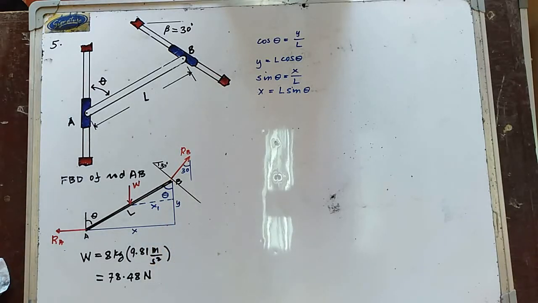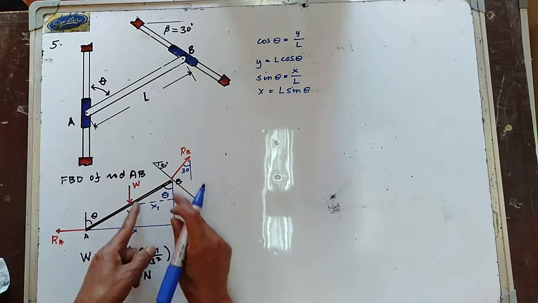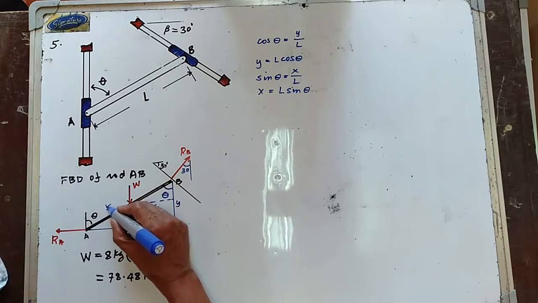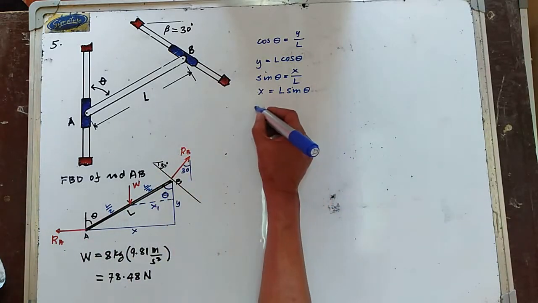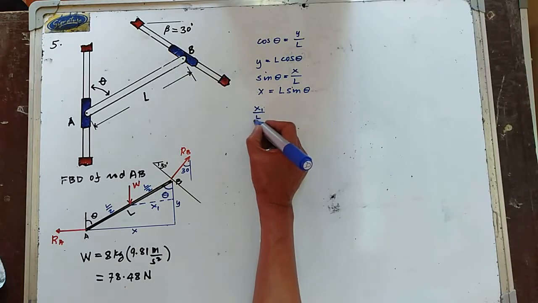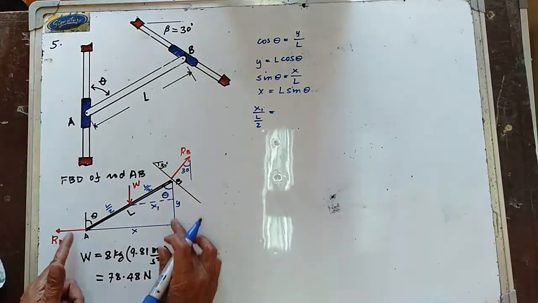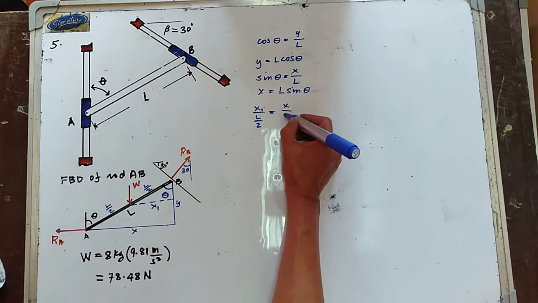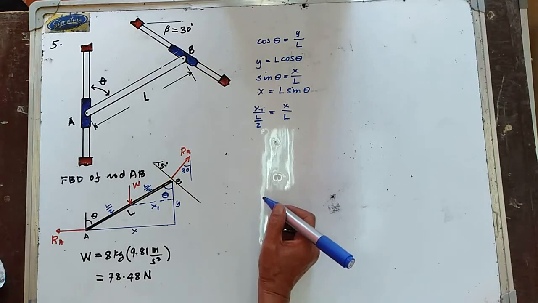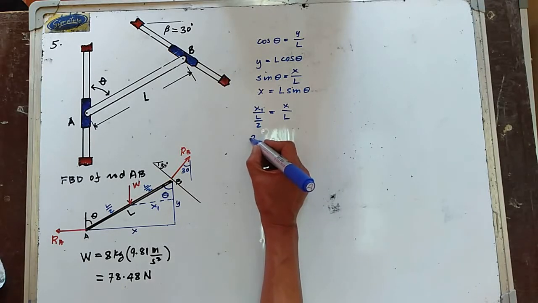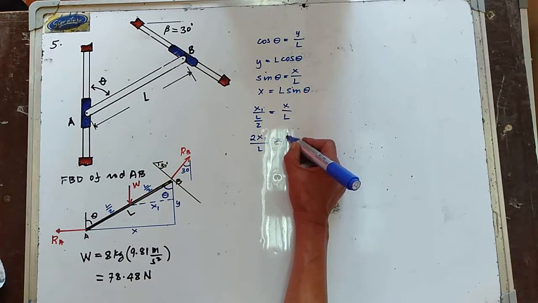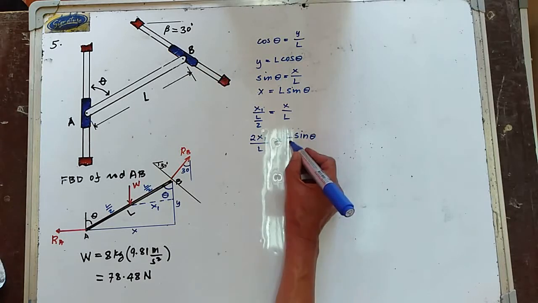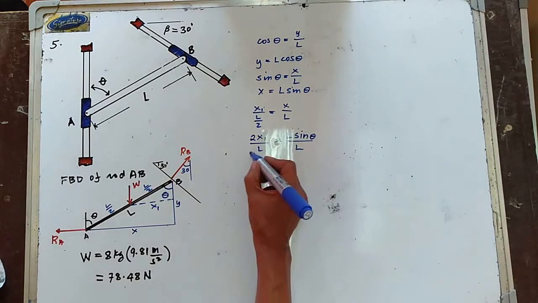Using ratio and proportion, x1 is to L over 2, this is your L all over 2, is equal to x is to L. And therefore, you have 2x1 over L is equal to x, which is L sine of theta all over L. So, cancel out.